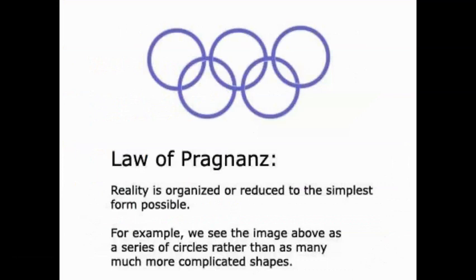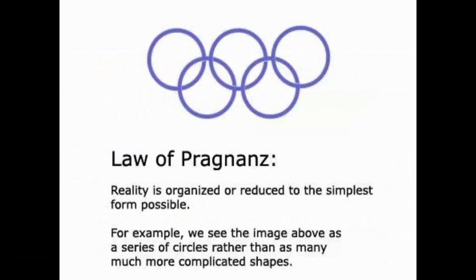So the law of Prägnanz: reality is organized and reduced to the simplest possible form. Here what we see is that the images are a series of circles rather than a much more complicated shape. While yes, it looks very similar to the Olympic rings, we make out the circles rather than the shapes that are created inside the circles or during the overlaps, where there could be something like a Venn diagram.